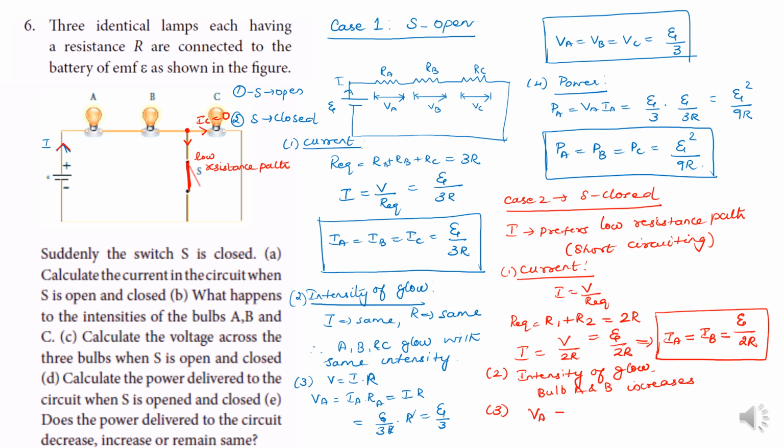VA is equal to VB is equal to I into R. I is epsilon by 2R, so into R, that is epsilon by 2. So VA is equal to VB is equal to epsilon by 2 and VC is equal to 0. Here IC is equal to 0 and bulb C does not glow.